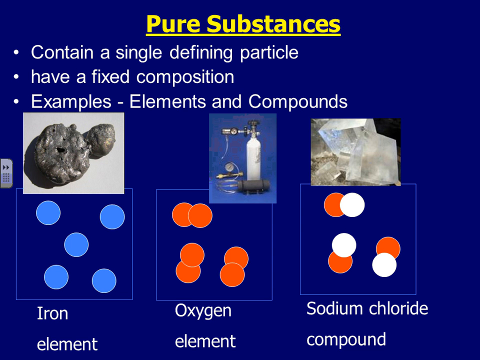Another bullet that's not here that's really quite important about pure substances, and you don't have to write it down, this is something you'll use in the future, is that pure substances have distinct and non-varying properties as well. We're jumping ahead here because later we'll talk about physical and chemical properties. But the physical properties of pure substances are very well defined. An example, water. When you freeze water, it always freezes at exactly 0 degrees Celsius, and when you boil water, it always boils at 100 degrees Celsius.